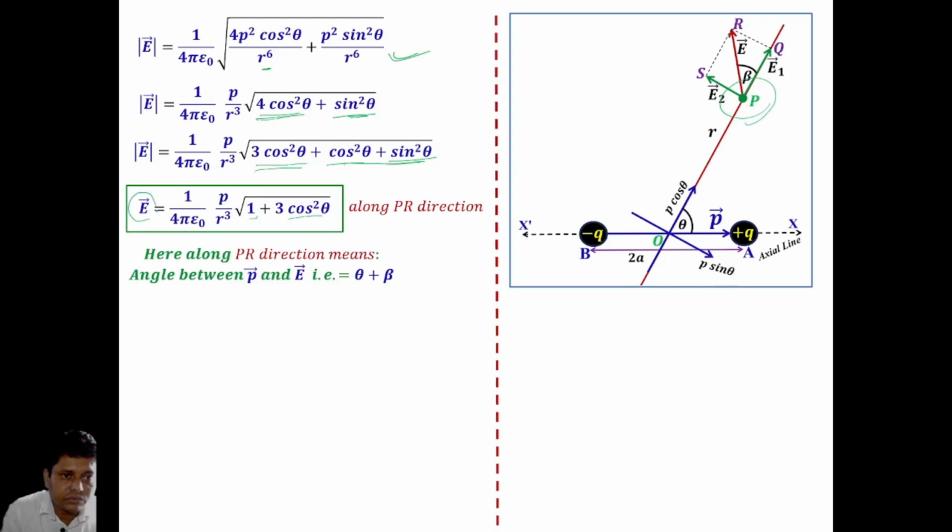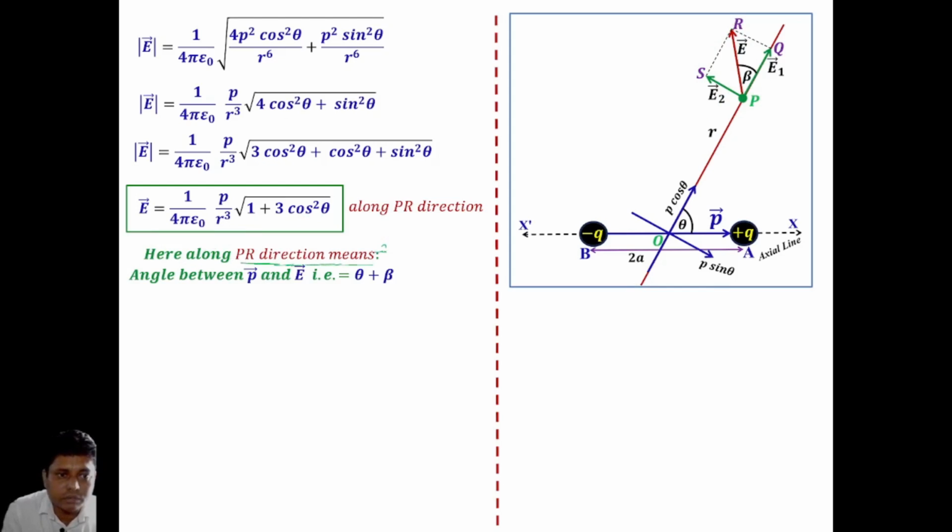But its direction, if we consider, the direction will be along PR, this one, along the PR direction. Or along the diagonal of this rectangle, the PSRQ rectangle. Okay, along the PR direction means what?